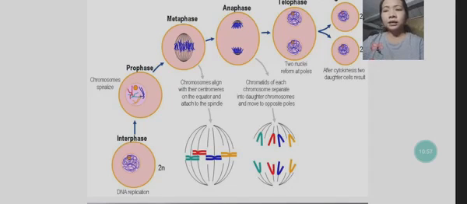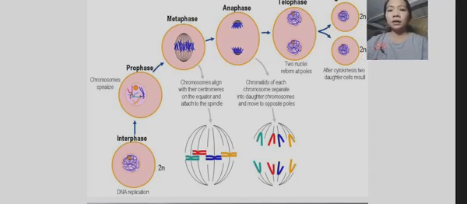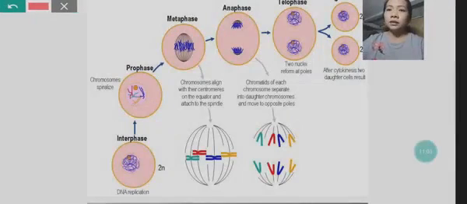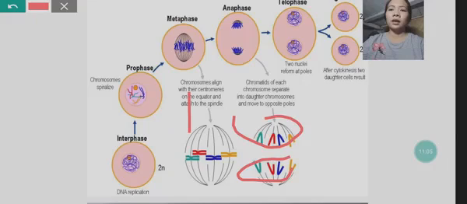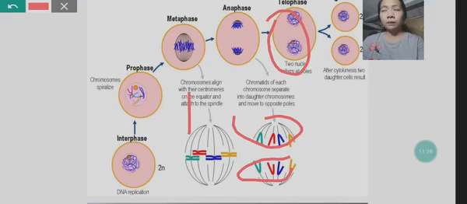The anaphase, where the sister chromatids are splitting already. And then in the telophase they are forming two different cells, haploid with 23 chromosomes each.